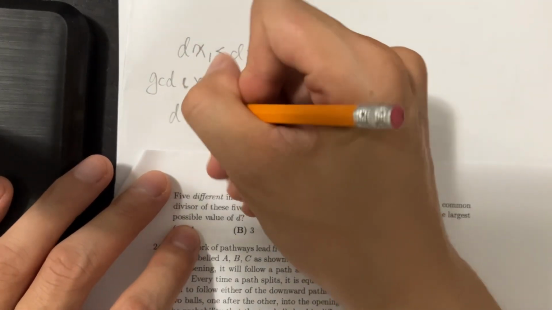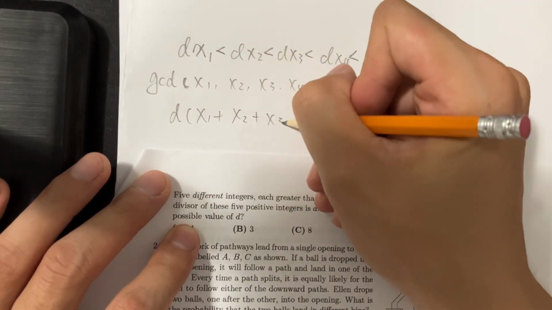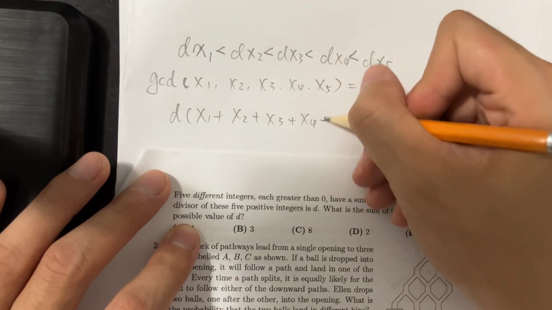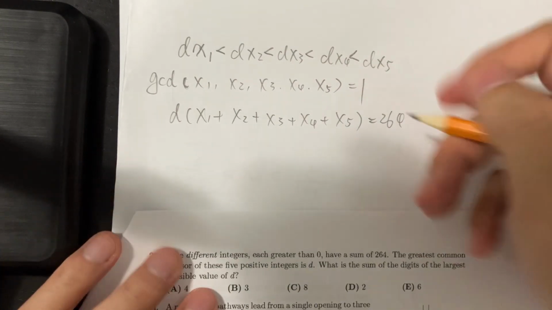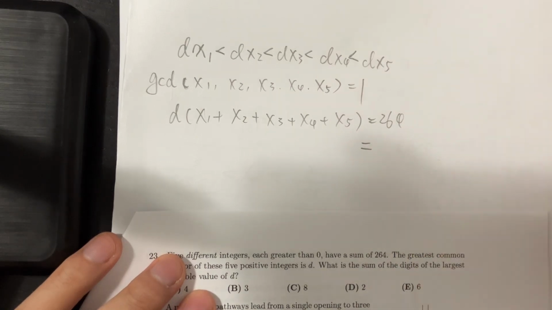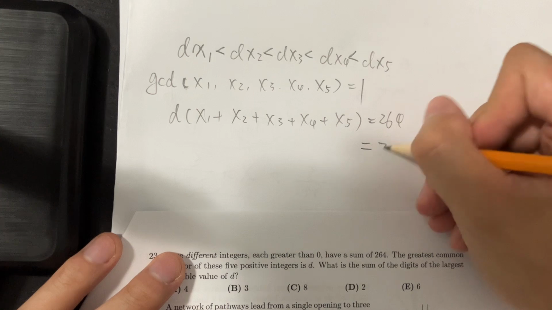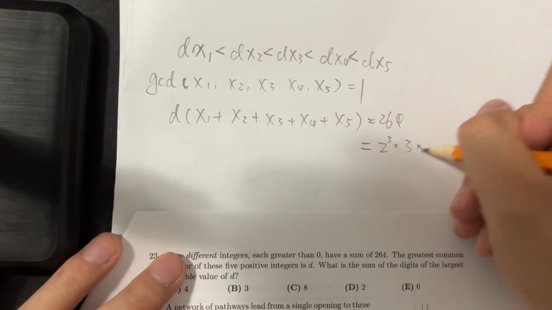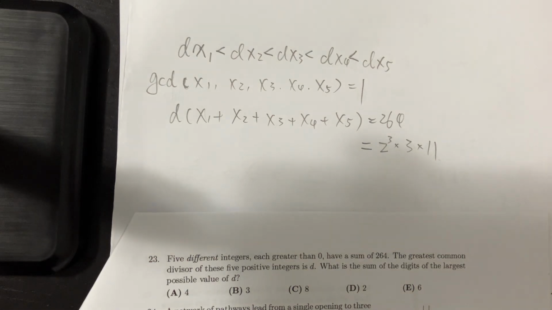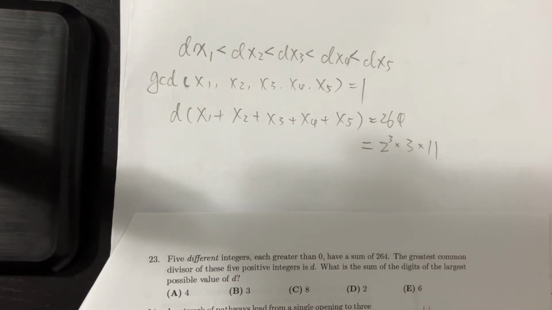That is to say, d times the sum of the 5 x's would be 264. Of course, what we need to do is factor this. 24 times 11, right? That is 2 to the power of 3 times 3 times 11. Okay, and let's see what we can do, because we want to make d as large as possible.